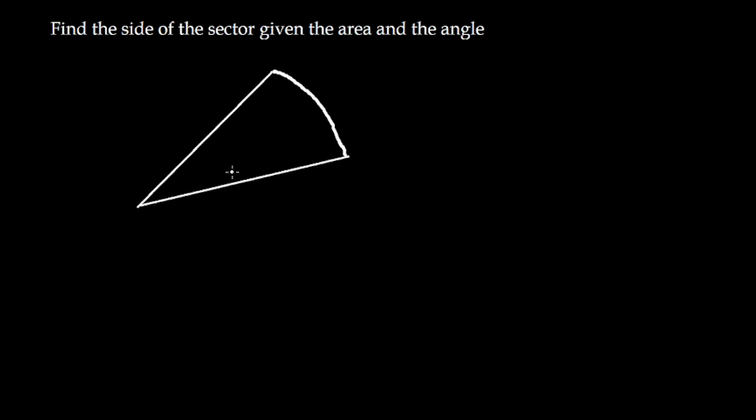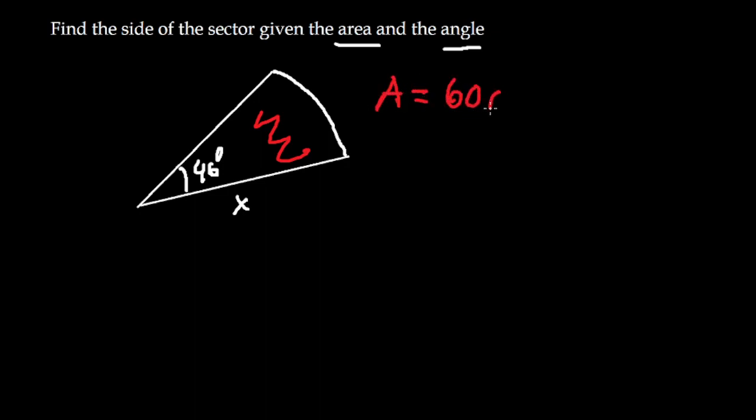What if it's asking us to find the side, which is this one, or our radius x, given the area and the angle. So let's say this is 46 degrees. Then the area is equal to 60 centimeters squared. So, anong gagawin natin?